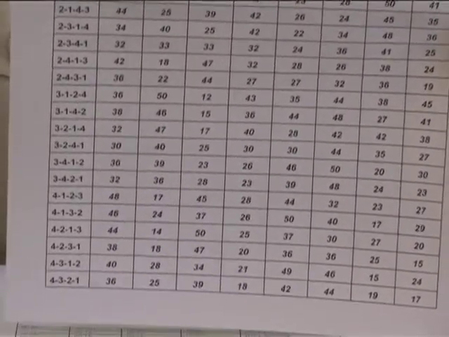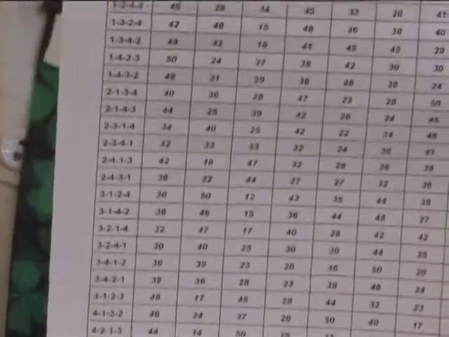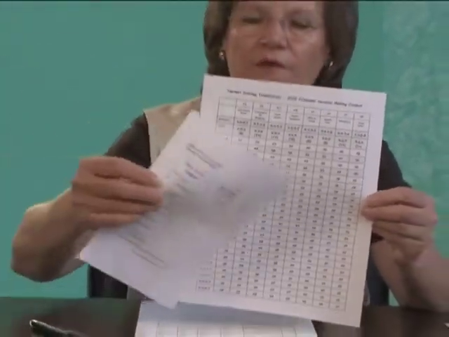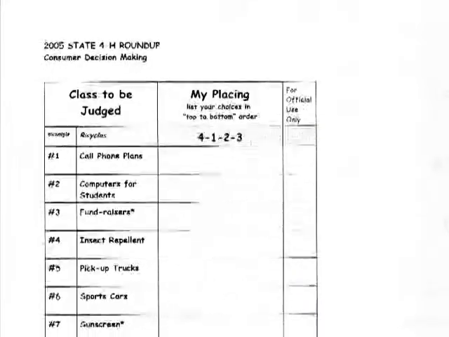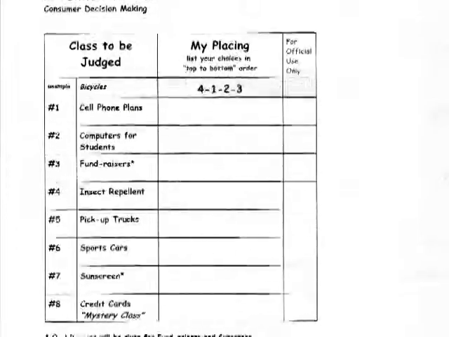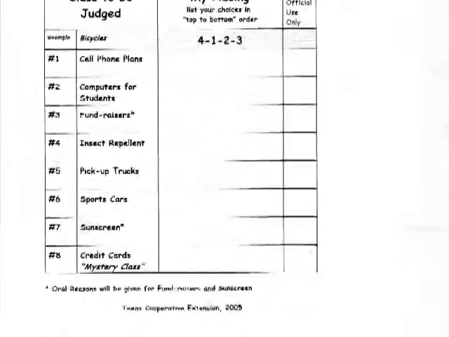And so that means that the tabulators, when they pick up a 4-Hers scorecard or score sheet, will know by looking at this translation sheet how the placings translate into individual scores, and will have to transfer the correct score to that individual's overall score sheet. Again, this is for the manual system of doing this.